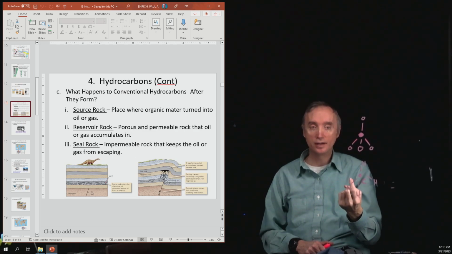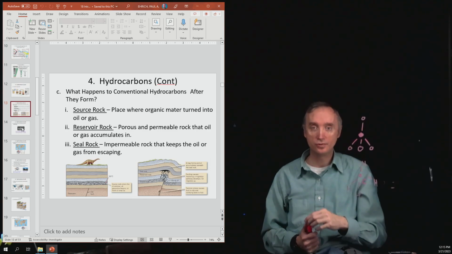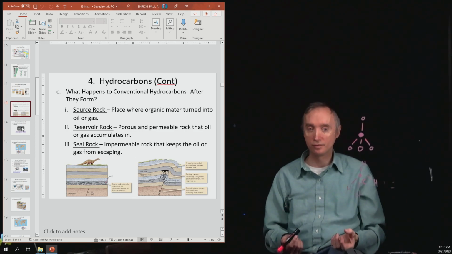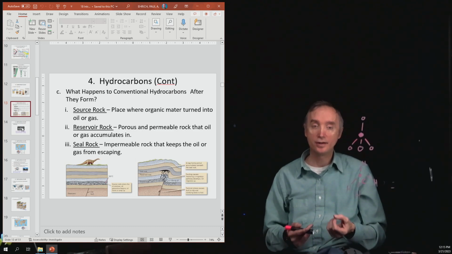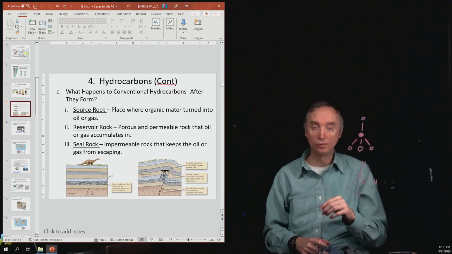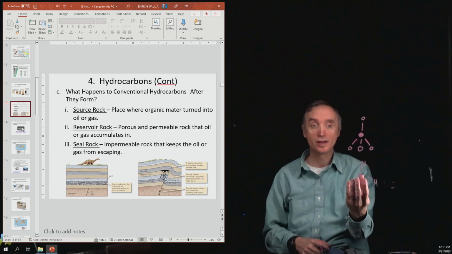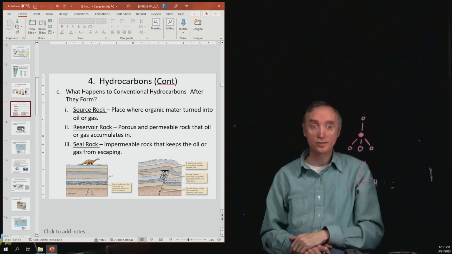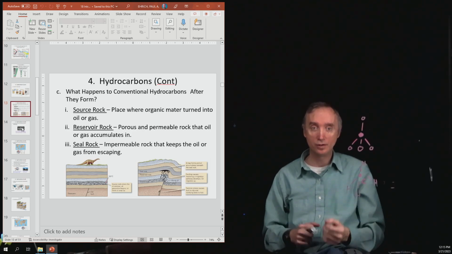So as it's going to get into a crack or something and then start to flow up to the surface, and it's going to get into another rock going to be called the reservoir rock. So that's where it's going to collect, and if there was no seal rock on top of it, then what would happen is that it would just continue to climb until it would get to the surface, and then it would start to decompose. So that would be no good.